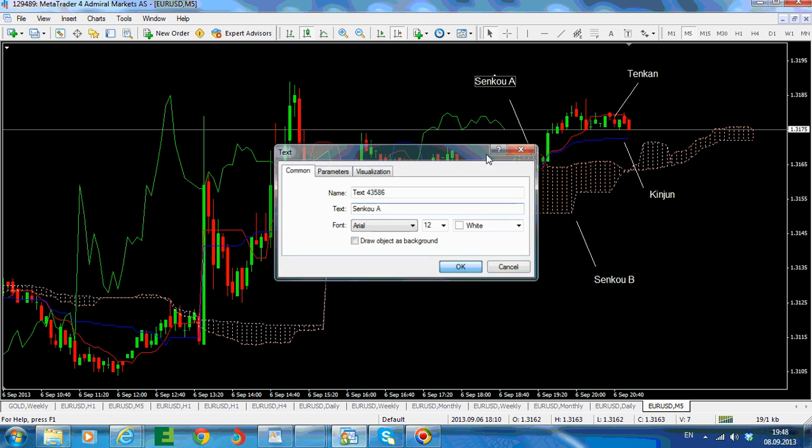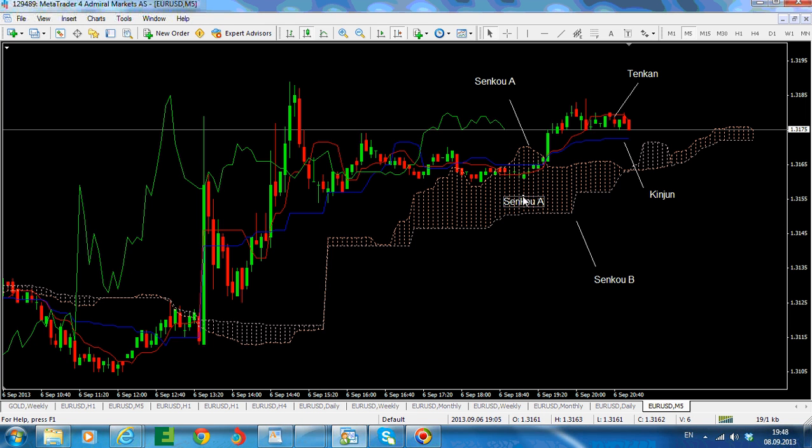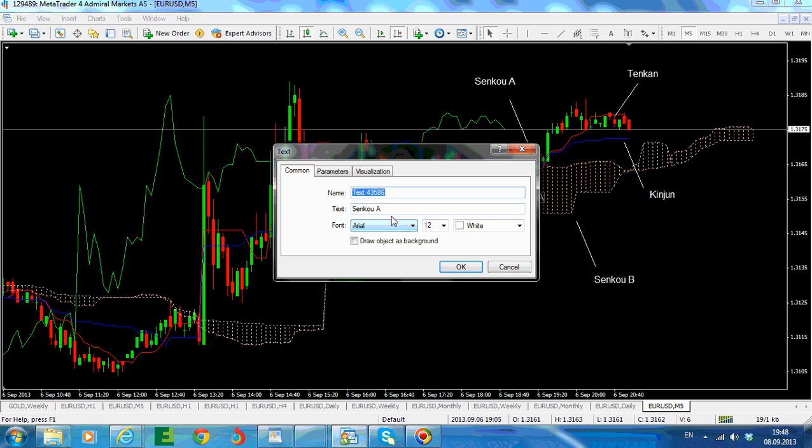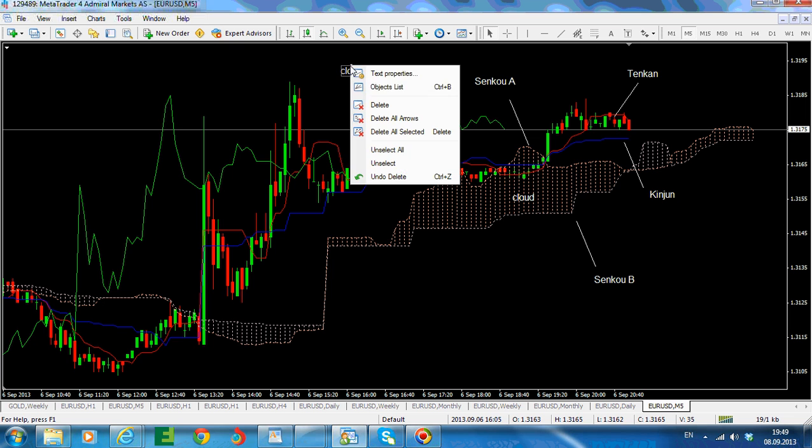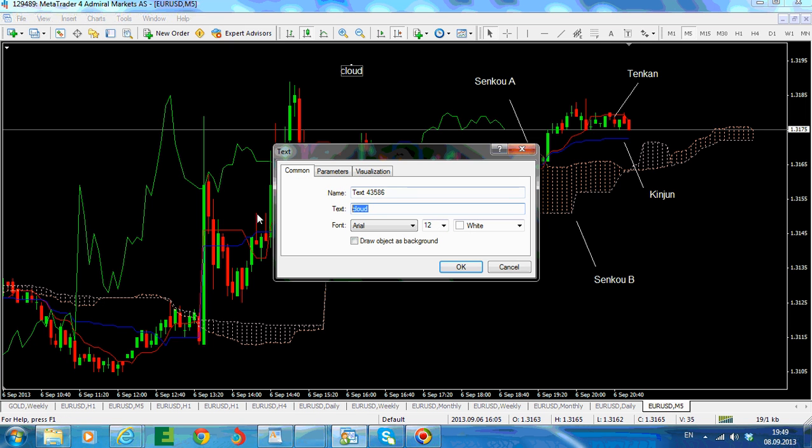Of course, the cloud itself, the most visible part of the whole indicator, or the Kumo, and logically the Chinkou here, and this is the purpose of this recording.